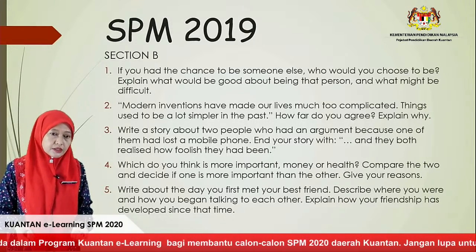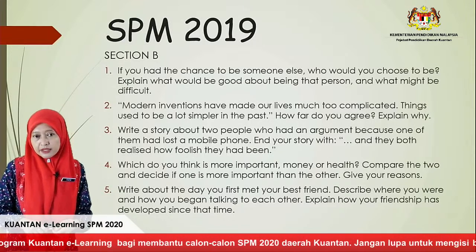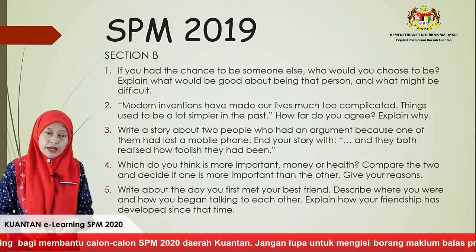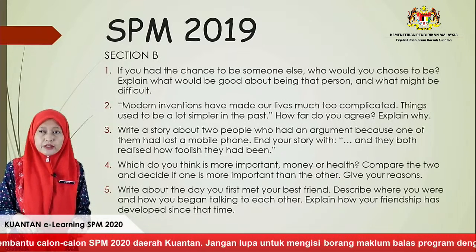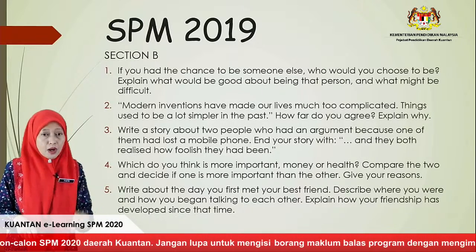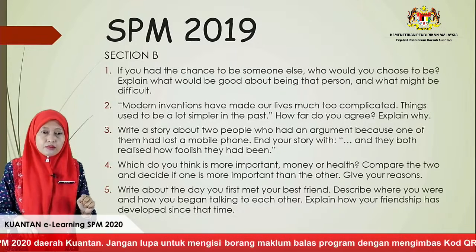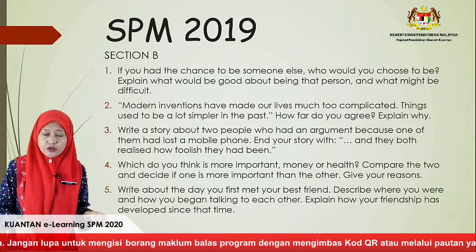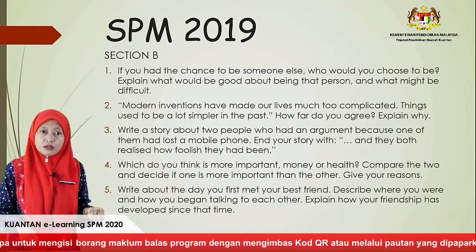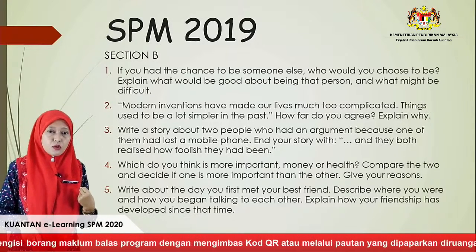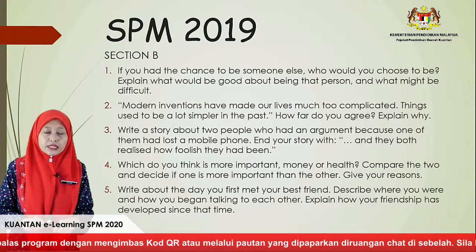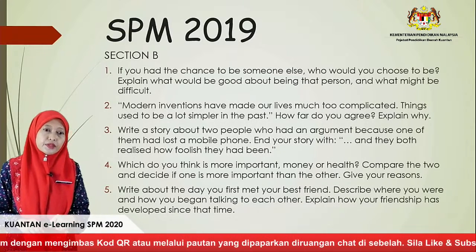Many students love to write stories, okay? But here you cannot simply write any story that you like. You should write about two people. What about that two people? That two people had an argument, fighting, because someone lost a mobile phone. And remember to also end with the given ending.